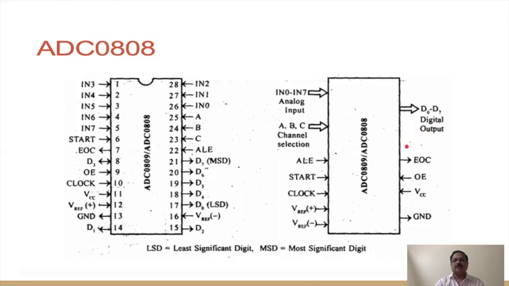Then there is the output signal called end of conversion. Whenever the ADC finishes the conversion, this signal will automatically go high. Then there is the output enable signal, used to read the digital output available on the data lines D0 to D7. VCC and ground are the power supply connections. So that is about the ADC 0808 and its various signals.